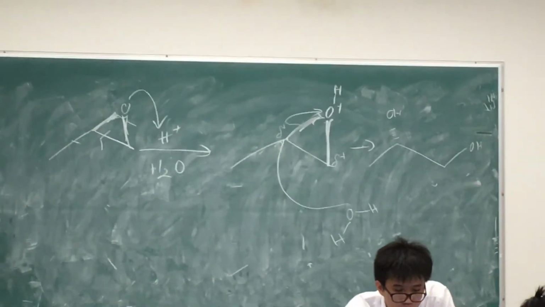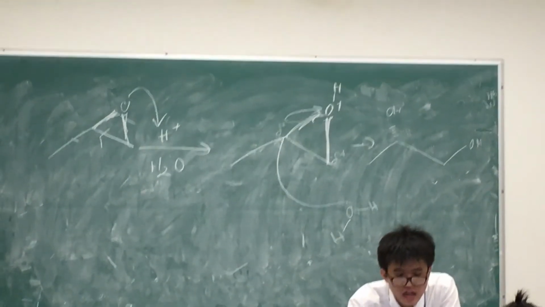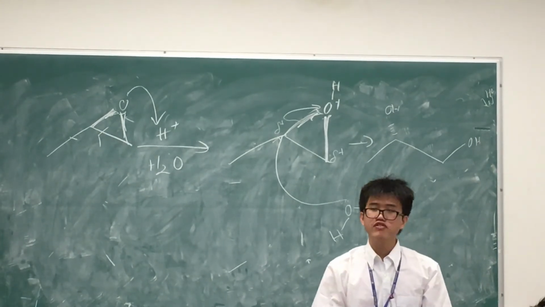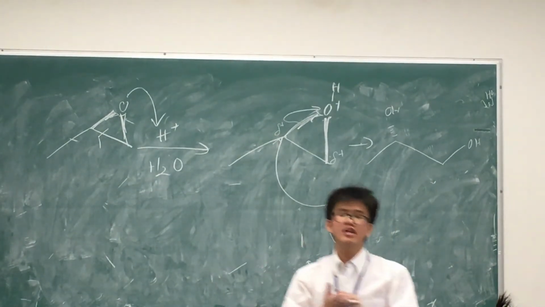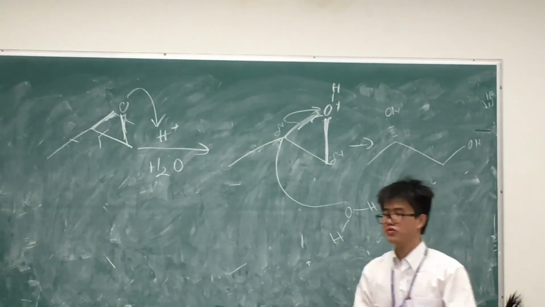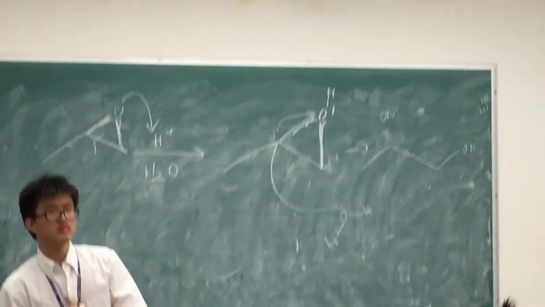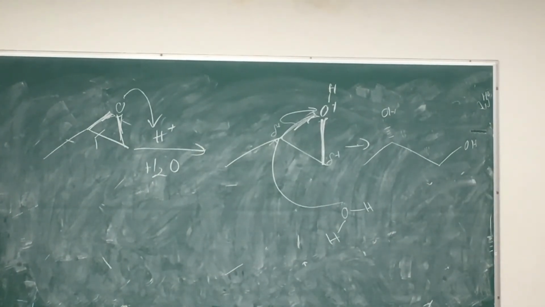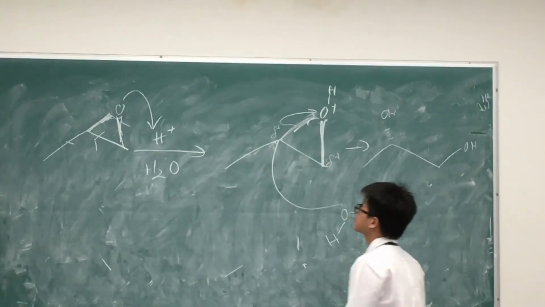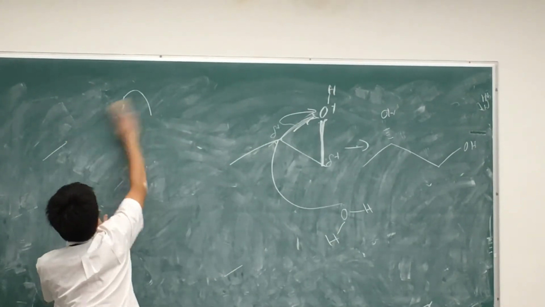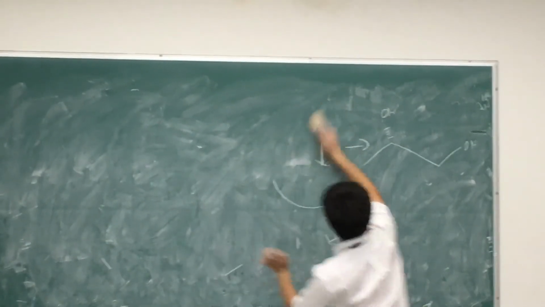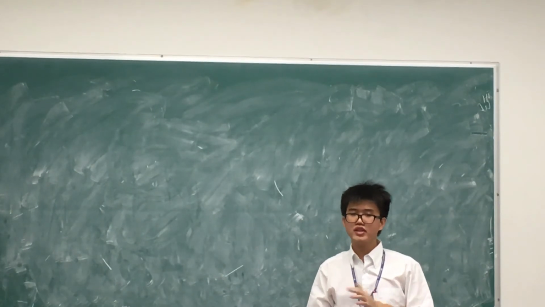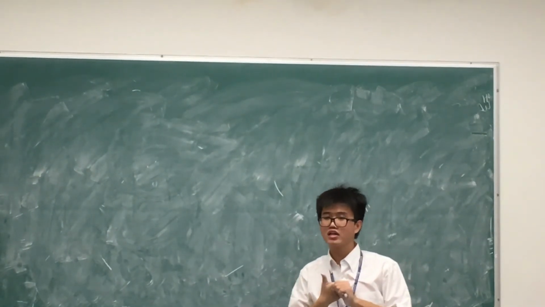Next reaction. Question 13. Try to think. This is a break for you. Question 13. This is another way to form an alkoxide, but how? How can you do it? Luckily, I don't need to read all of these things in the exam reviewing session, right?